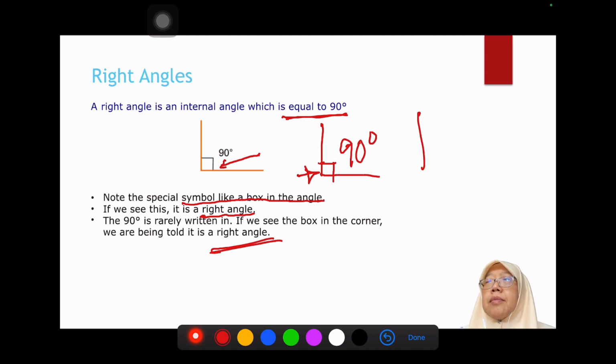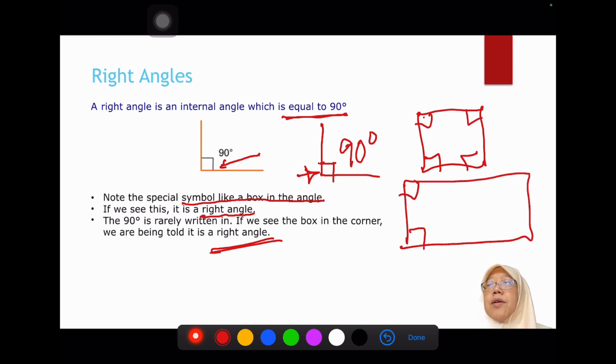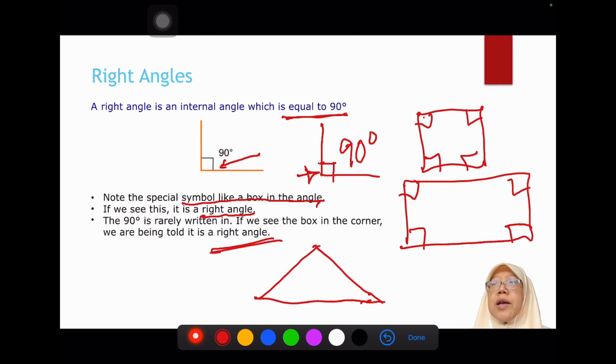In squares, you have right angles. In rectangles, you have right angles. Okay, you can ask your students, where else can you find right angles? Can you draw it? So in a triangle, like this one, the right angle is here.